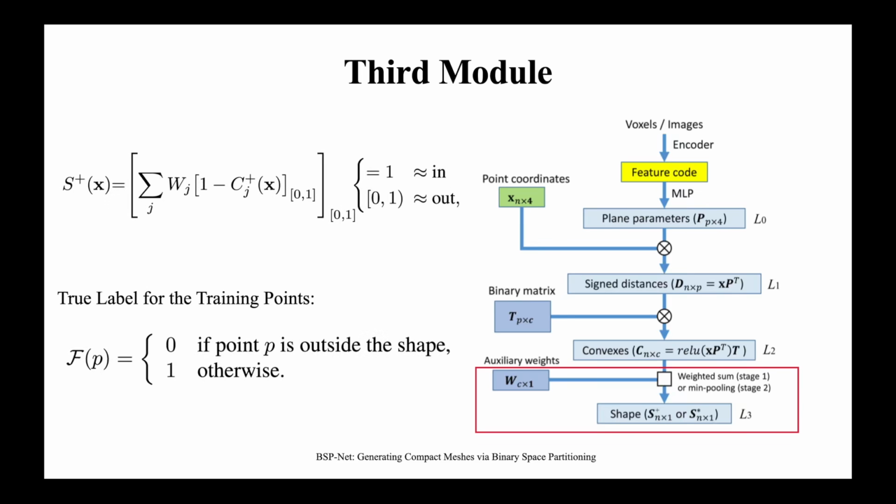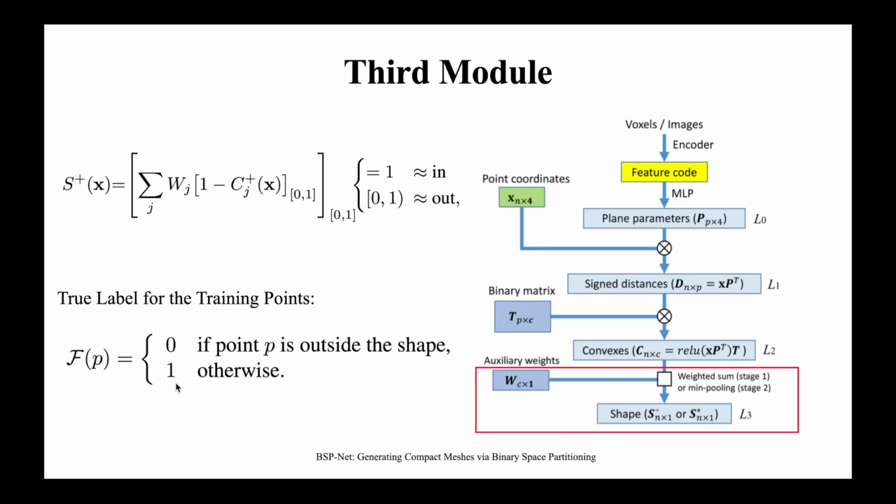Again, to help training, the authors of the paper propose another equation, which is shown here. Notice that in the training data, if a point is outside the shape, the true mesh, then its label y is 0. Otherwise, if it's inside the shape, its true label is 1.